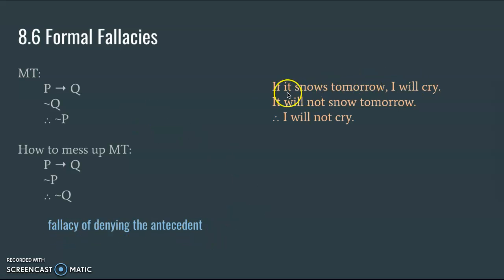So we have a conditional up here. If it snows tomorrow, then I will cry. It will not snow tomorrow, so I'm denying the antecedent. Does that mean I will not cry? So think about that. Couldn't it be true that if it snows tomorrow, I'll cry, and it doesn't end up snowing tomorrow? But couldn't I still cry? Right? I might still cry tomorrow.